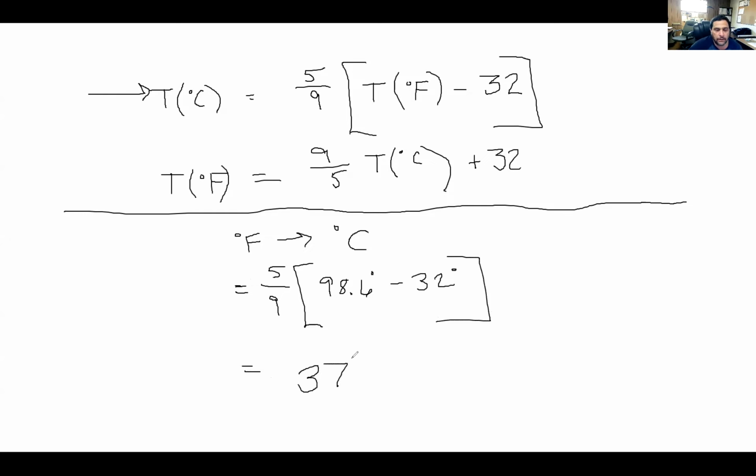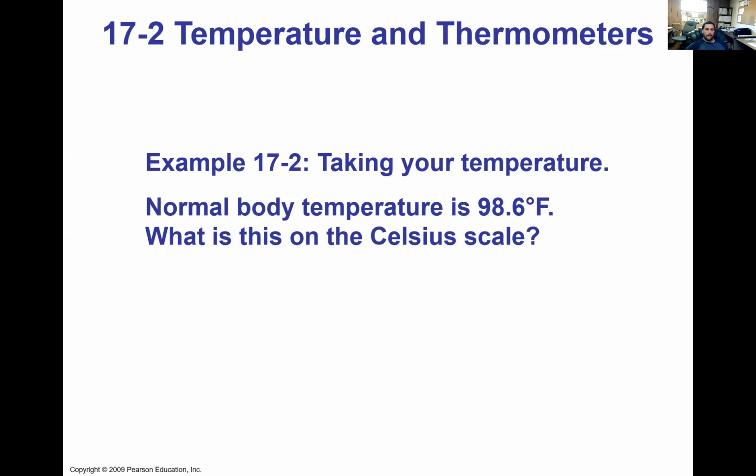So 98.6 in Fahrenheit is 37 degrees Celsius. So just simple algebra. Nothing exciting there, right?